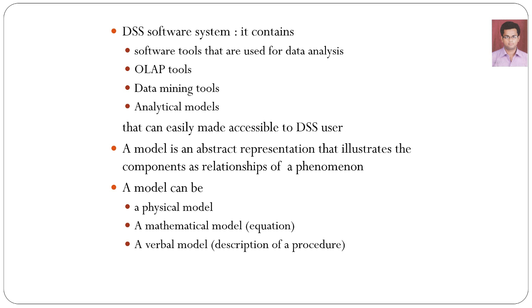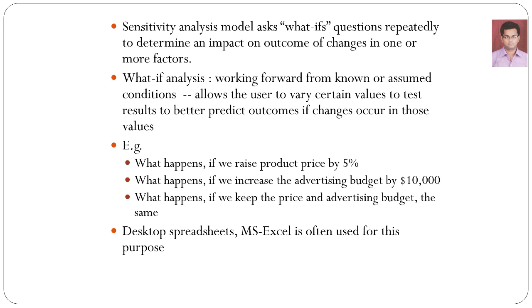DSS software system basically contains software tools that are used for data analysis: OLAP tools, data mining tools, and analytical models that can be easily made accessible to the DSS user. A model is an abstract representation that illustrates the components and relationships of a phenomenon. A model can be a physical model, a mathematical model, or a verbal model.